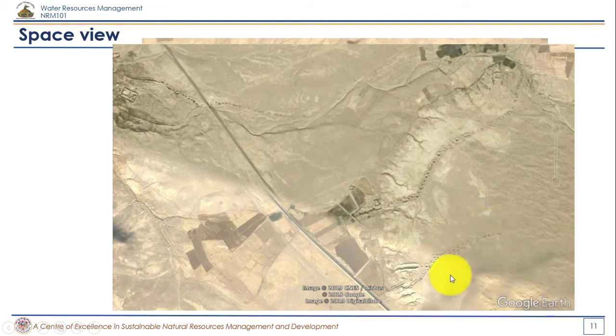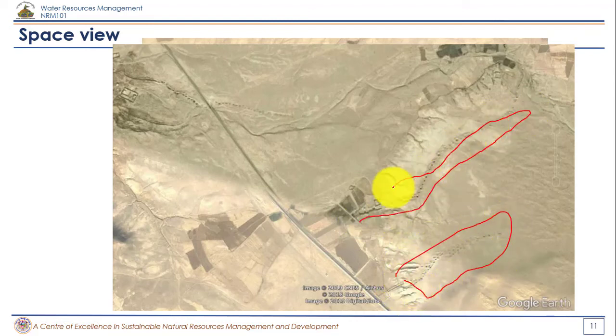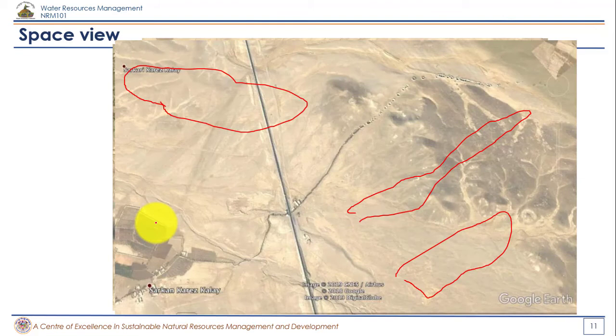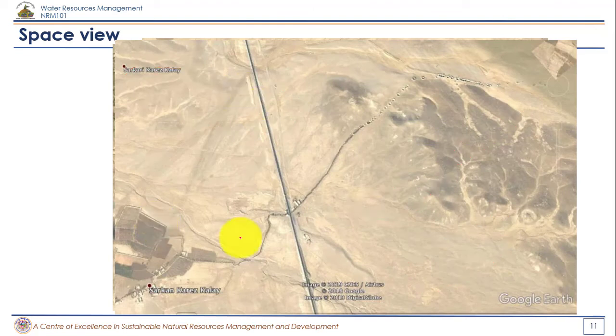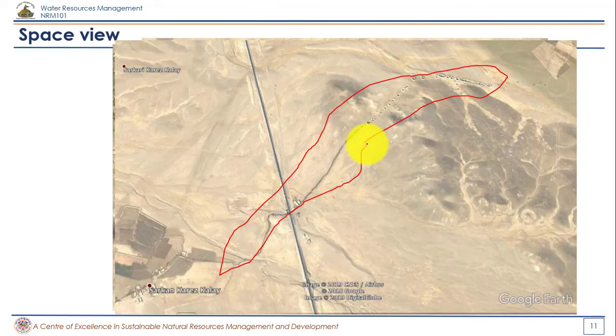We can also see one Qanat system in this region, one over here, and one over here. So around 3 in this area. This is another Qanat system shown from space. Quite interesting to look at.